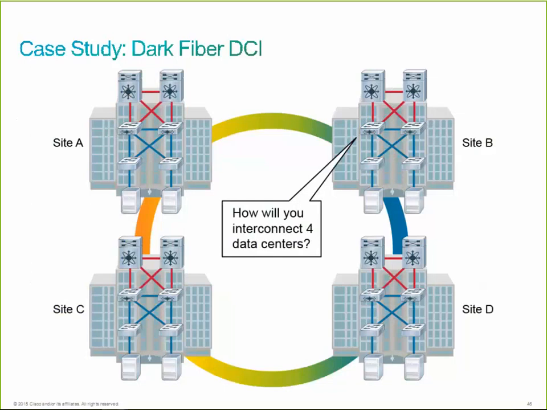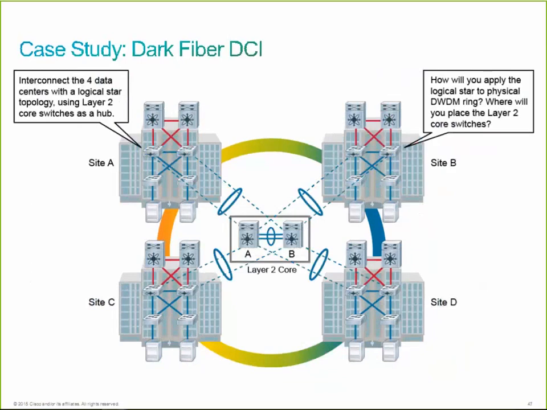Maybe if I can get over there, all right? So if I can create this logical star topology, that's going to provide us that loop-free interconnection for all of our data centers. We establish a layer 2 core, and then we have these redundant switches with VPCs and VSSs.